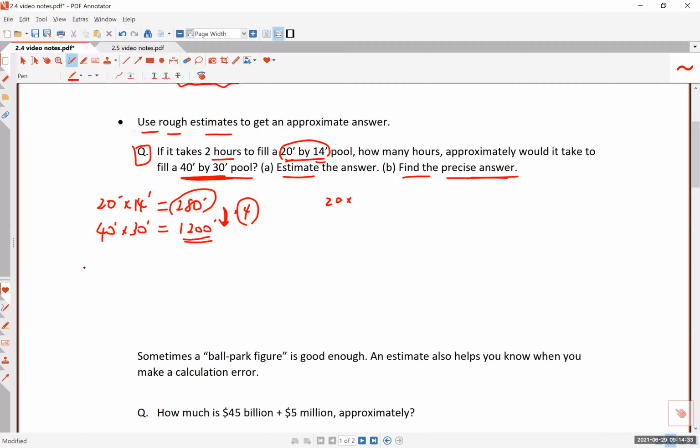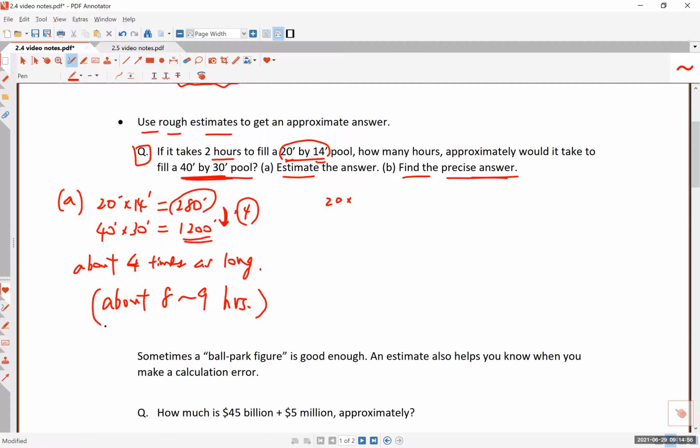So we could say about 4 times as long. That's the answer to part A of the question. And so therefore about 8 to 9 hours.